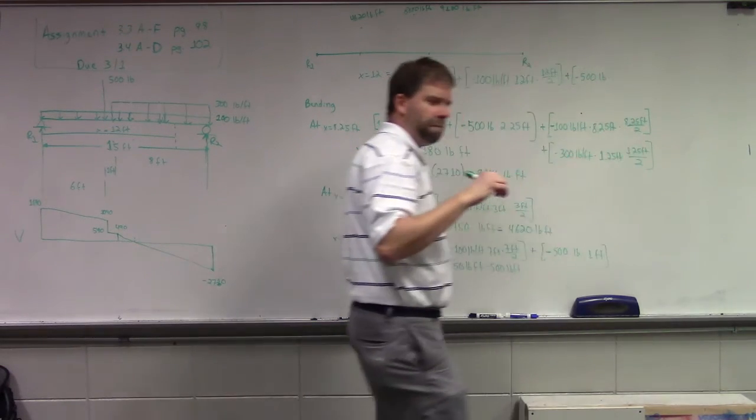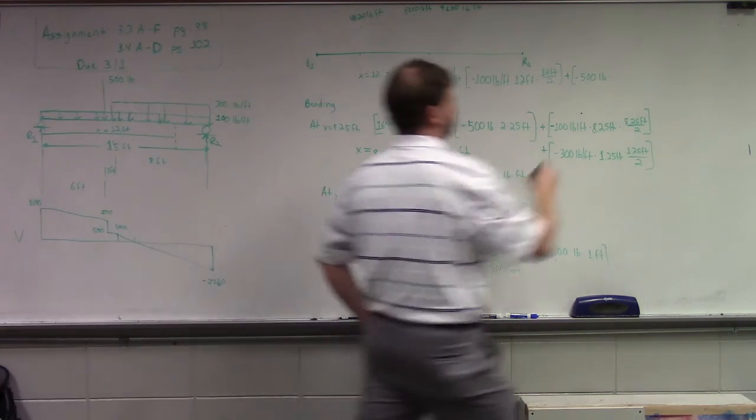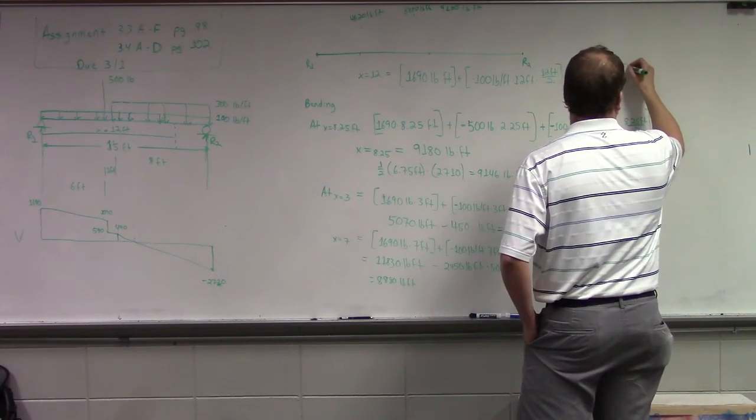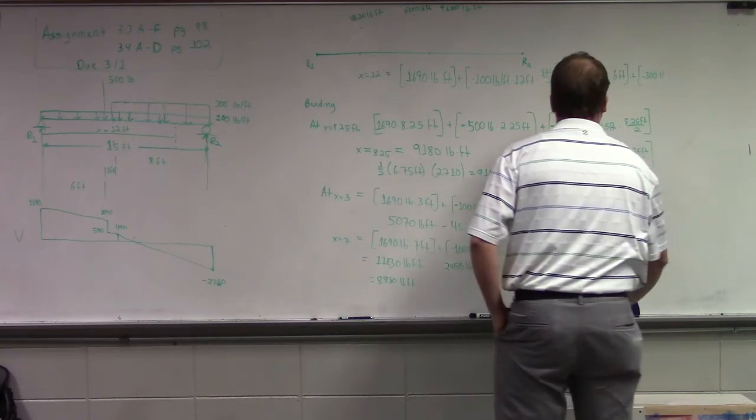How far away? That comes at 6. 6 feet away? Yep. And we're at 12, so it's 300 times 5 then?